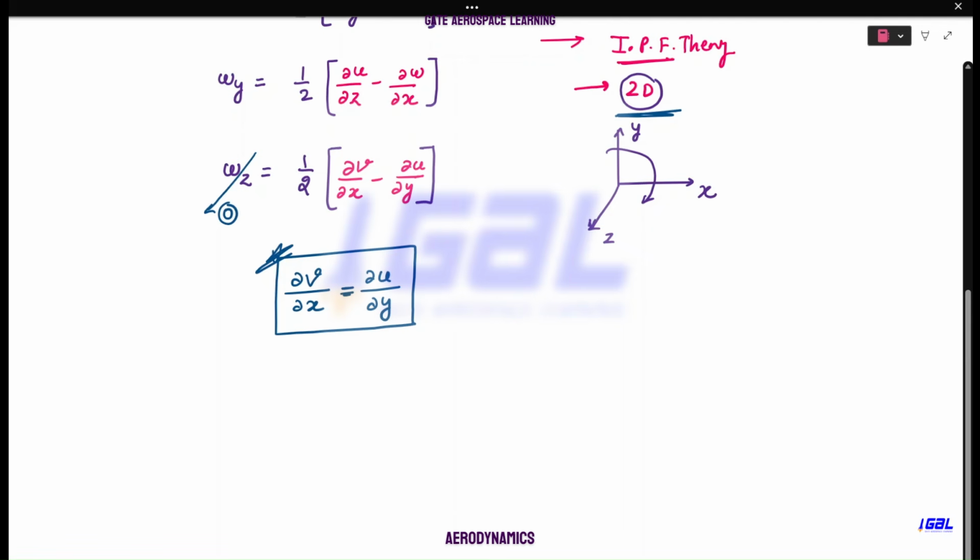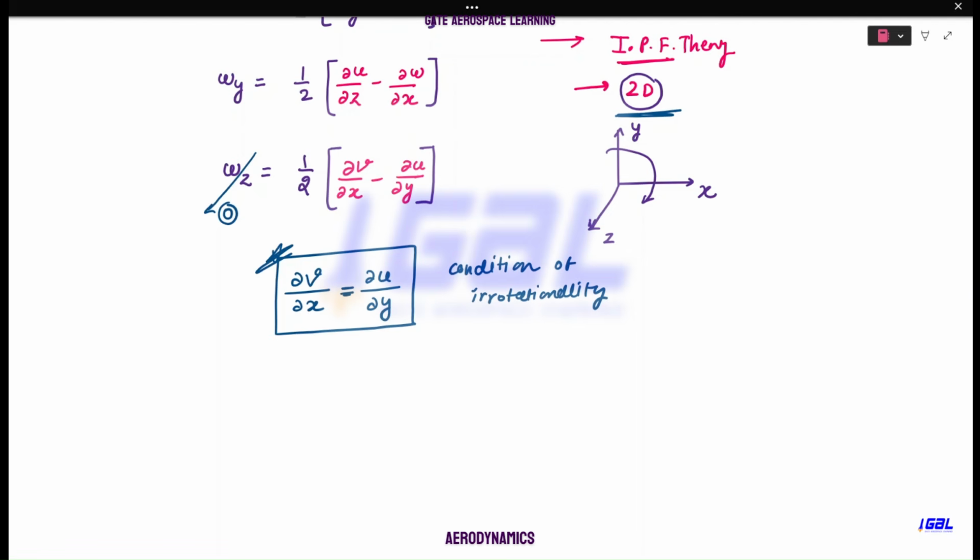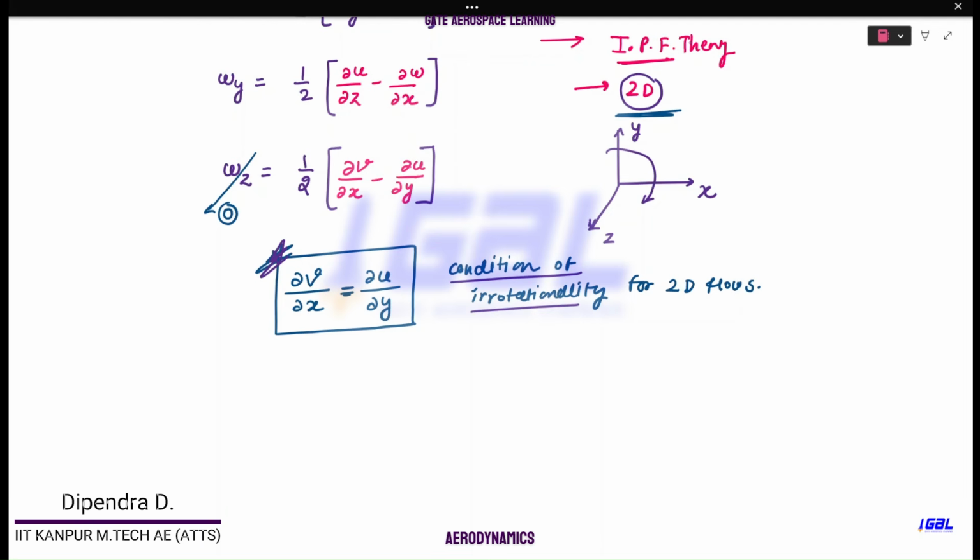That condition is the condition of irrotationality. Let me write this: condition of irrotationality for 2D flows.